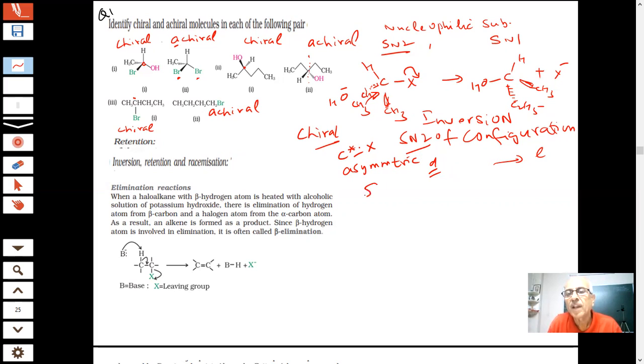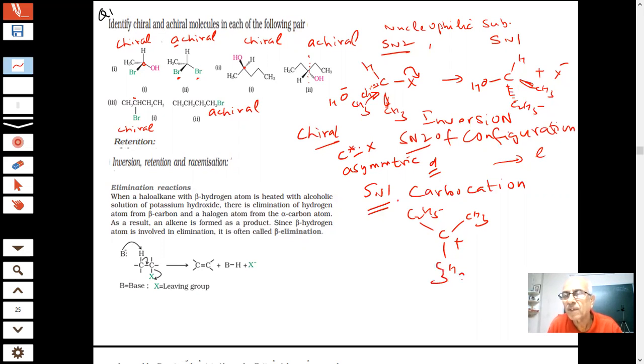In SN1, what happens? SN1 proceeds through the formation of a carbocation. What is a carbocation? You have seen. This is a carbocation. And supposing this carbon is asymmetric, supposing I put C3H7, then what is going to happen?